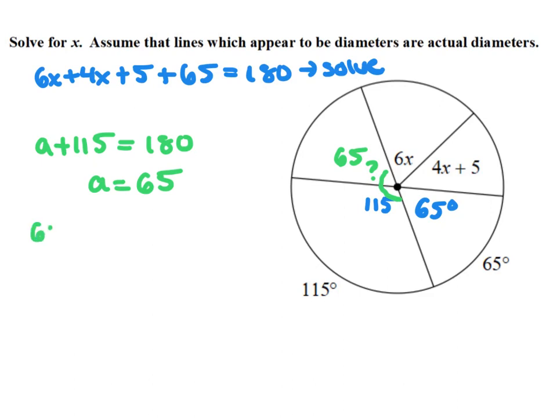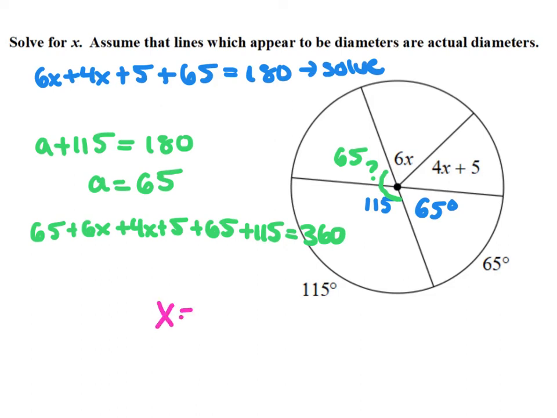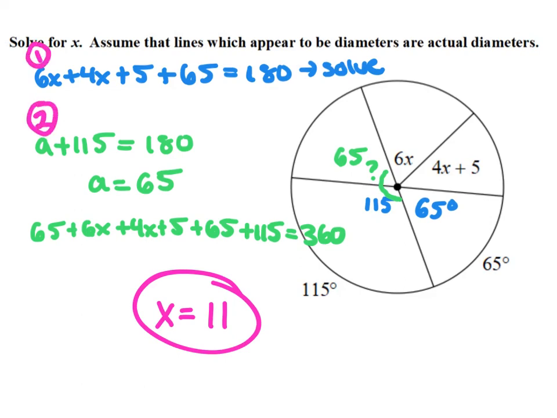So we could say that 65 plus 6x plus 4x plus 5 plus 65 plus 115 should add to equal 360. Either way you decide to solve, you'll get to a scenario where you'll have x equals 11. So again, the first one's option 1, option 2, whichever you choose to do, it's up to you and how you see the problem.